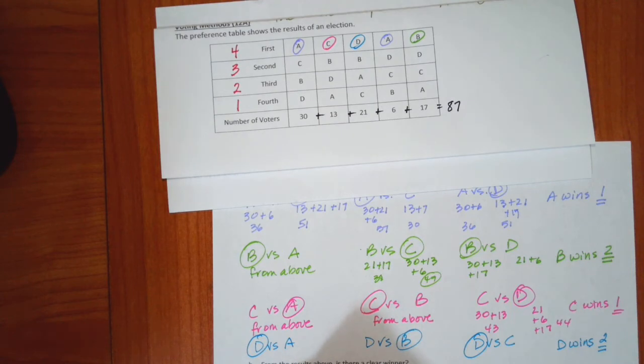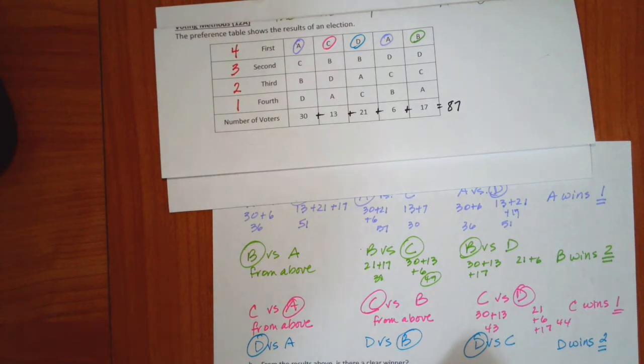Okay, so for the single runoff, D won that one. For the sequential runoff, B won that. For the Borda count, B won.